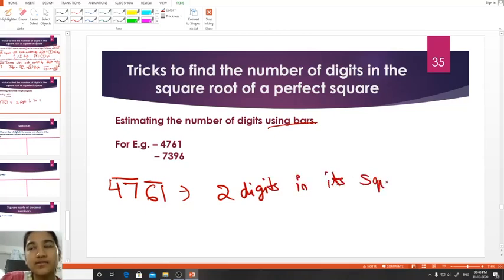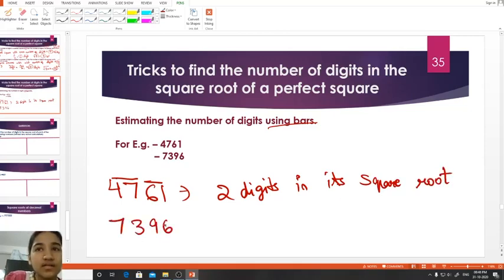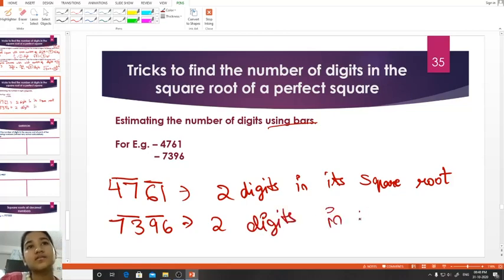This is quite easier, right? And 7396 has 2 bars, that means it will have 2 digits again in its square root.